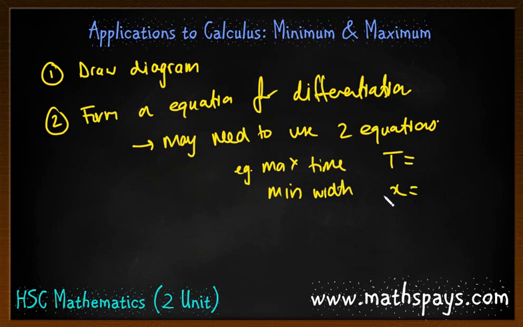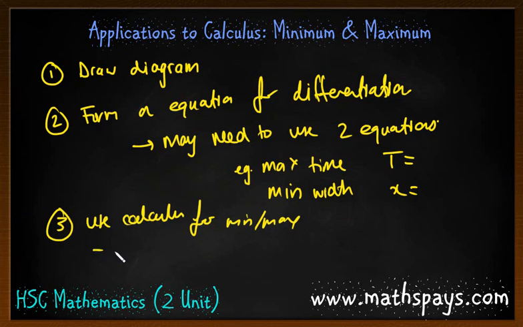So it's whatever they're looking at, and often they've already given you the equation, so you just need to look and see what you need. Do I need another one to help me get it? What information are they giving me? Then we use calculus for the minimum and maximum.